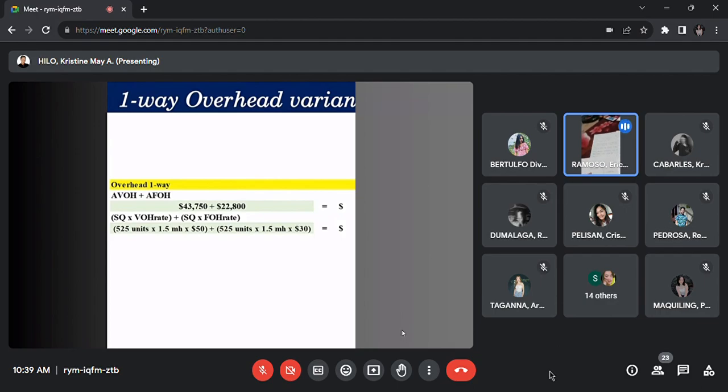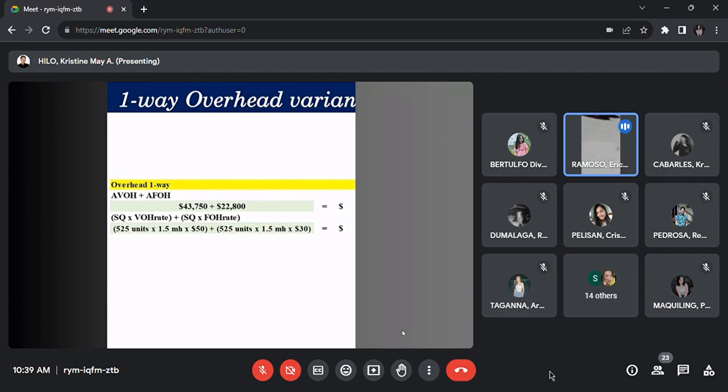So 66,550 minus 63,000 is 3,550. So it is unfavorable.